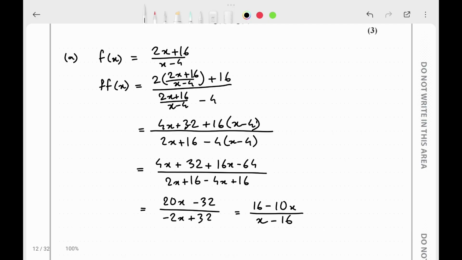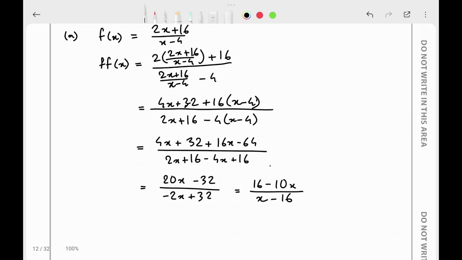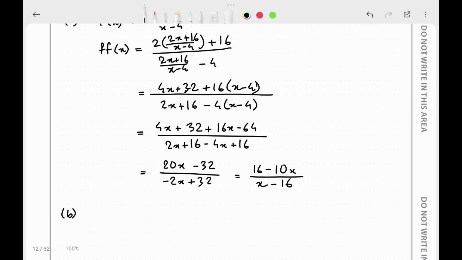So that's f of f of x. Now we need to find f inverse of 12. We know that f of x is equal to (2x plus 16) divided by (x minus 4). They're asking us to find f inverse of 12, which means that the value of y will be equal to 12.